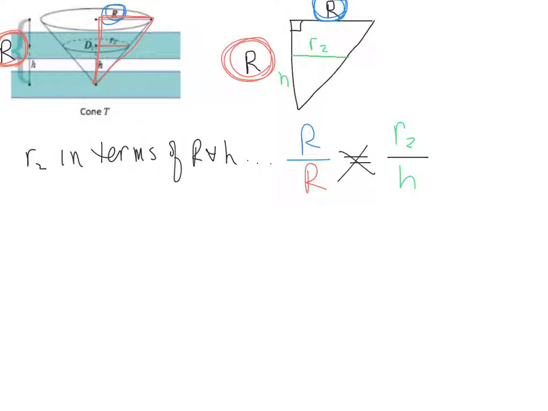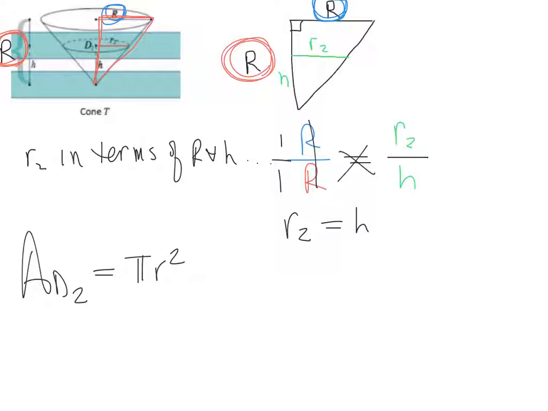These cancel out and equal 1 over 1. So we can say that r2 equals H, which really makes sense. Therefore, the area of disk 2 equals pi r2 squared, so that equals pi H squared. Very cool.